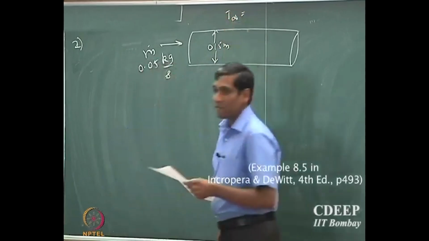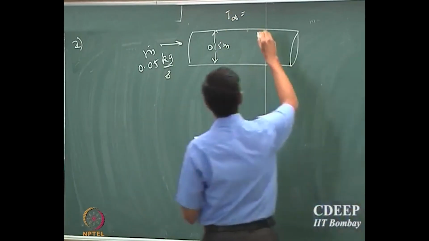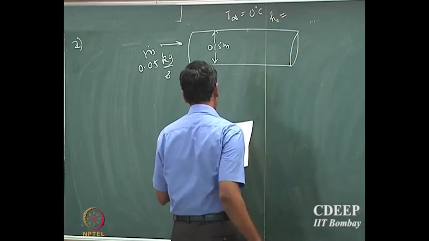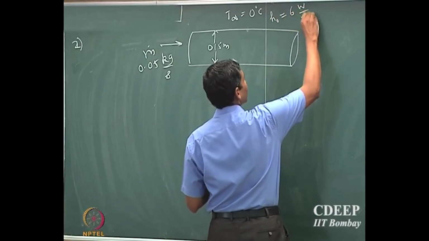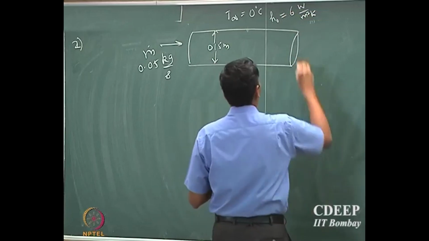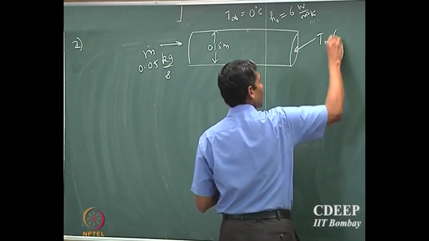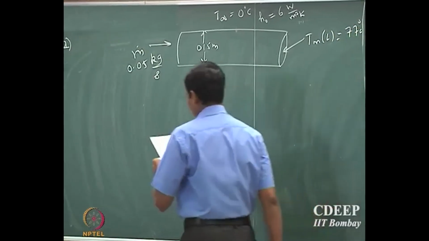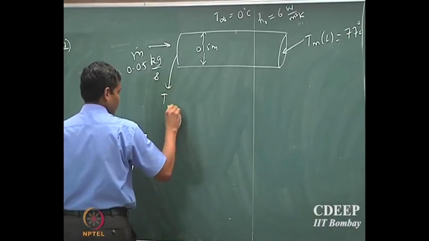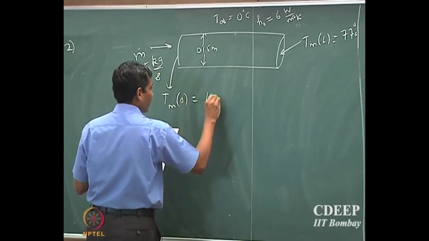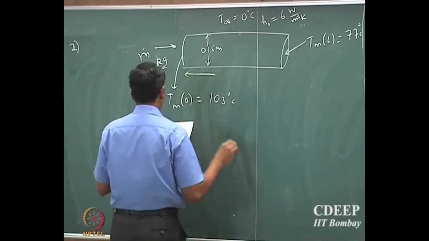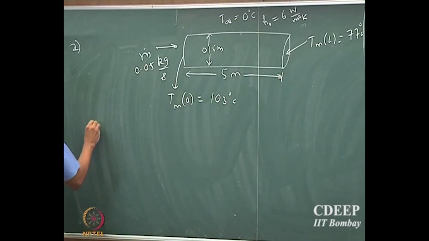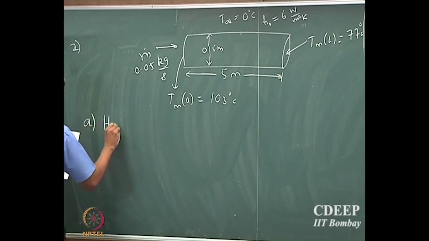Let's say there is a fluid flowing past the outer curved surface at 0 degrees C, and the external heat transport coefficient is 6 watt per meter square Kelvin. Then Tm at L is 77 degrees C, and Tm at 0 is 103 degrees C, and the length is 5 meters. So the question is, what is the heat loss over L?